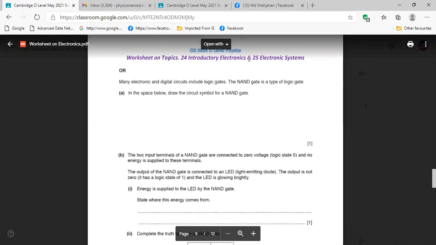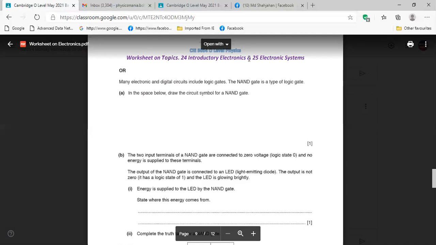So here we have, look, the output of the NAND gate is connected to an LED and it's working, right? Yes, sir. The LED is working, though in the input, both the input terminals, we are having zero voltage. That means no energy supply in the input.